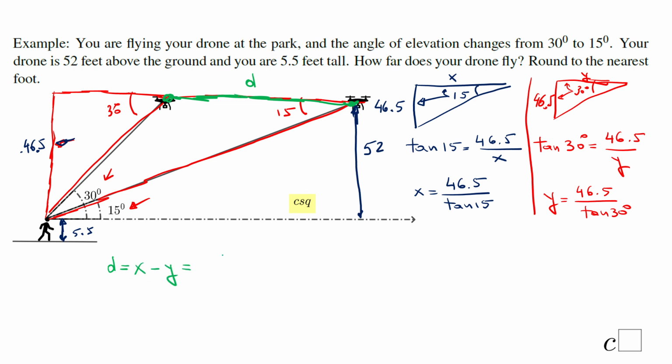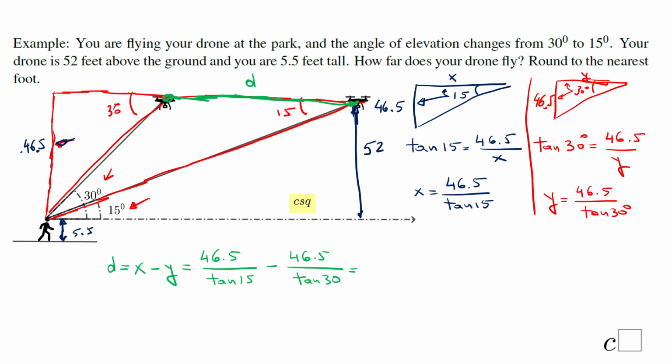So we're going to have 46.5 over tangent of 15 degrees minus 46.5 over tangent of 30.